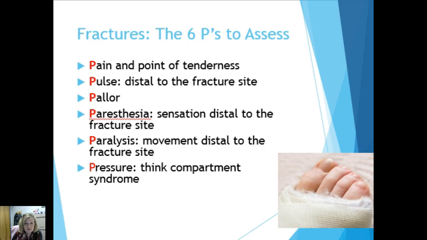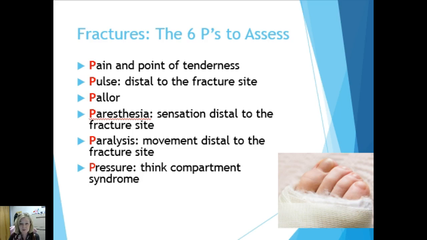And I talked a little bit in 497 about the 6 P's to assessment of a fracture. I just wanted to cover that again because it's something that we should be doing when we're looking after a patient that's had a fracture or a cast or is immobilized by one reason or another with a bone injury. So the 6 P's: pain and point of tenderness. Pulse distal to the fracture site.